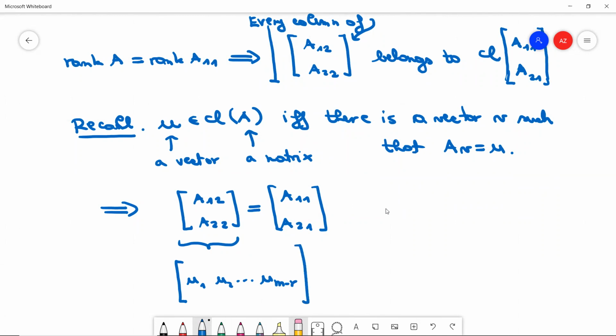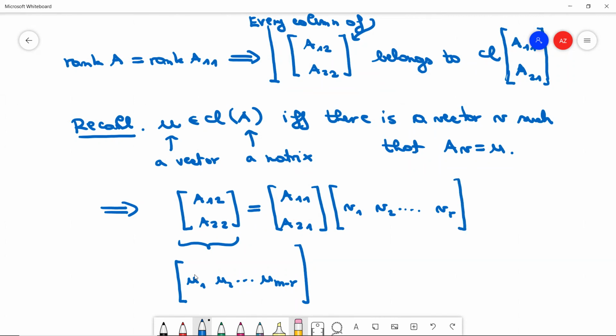And from this claim, we know that for each of these Ui, there is some vector Vi, which this matrix A11, A21 maps into Ui. And so we just collect them into a matrix. So we have here V1, V2, up to V m minus r.